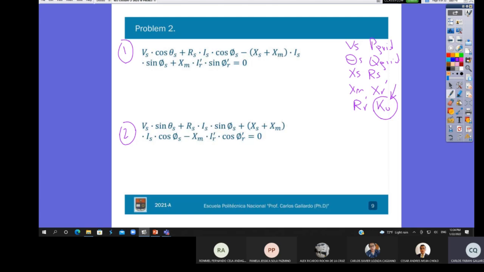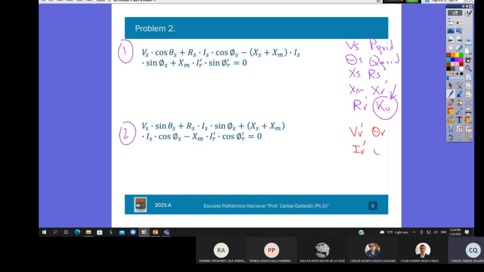So what is known and what is unknown? The rotor voltage is unknown. So I will use data from the voltage angle, and I will use phi from the current angle. So this is the voltage, this is unknown.